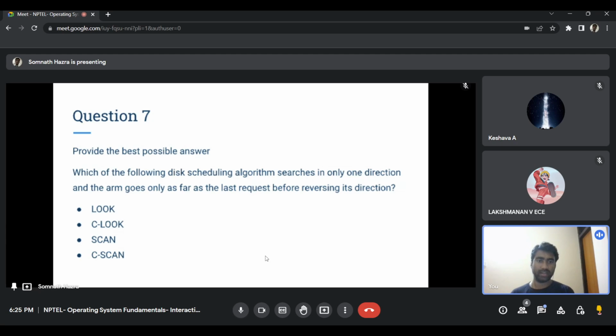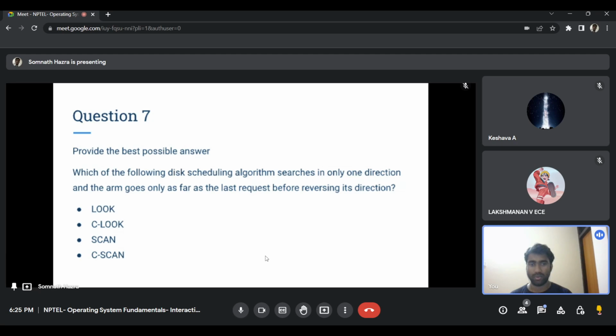Only in one direction. Since it is given that it searches only in one direction, there should be a C, so either it is CLOOK or CSCAN, one among these. The other thing that is written is only as far as the last request before reversing its direction.